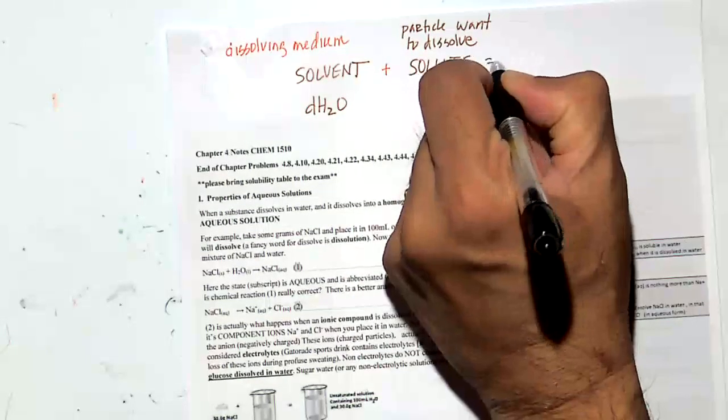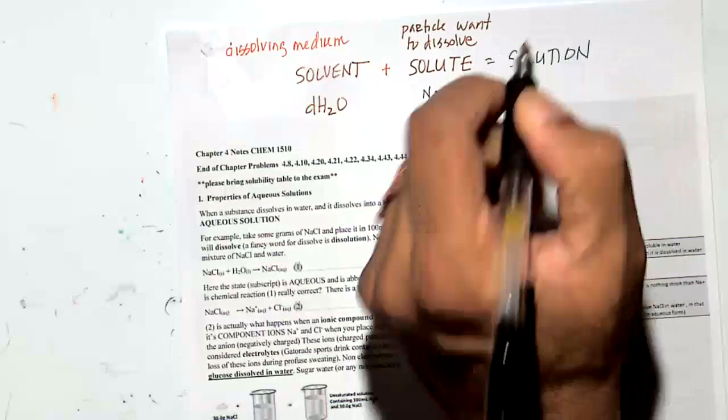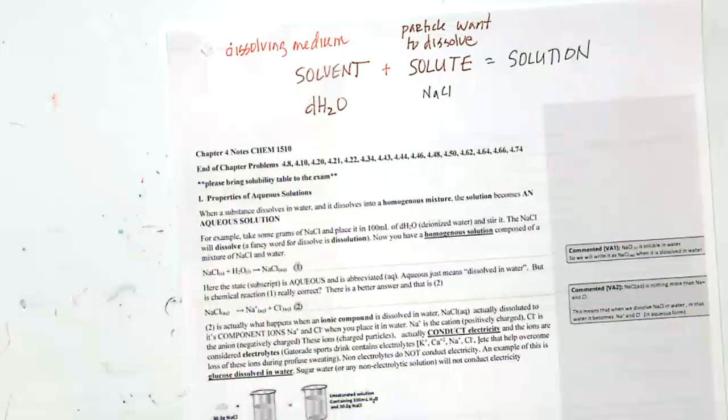And what we've done is we've created a solution. So the first thing here is that a solution is solute plus solvent. Now the sodium chloride dissolved in water. What do you think, Emily? Yes, right? What do you think, David?